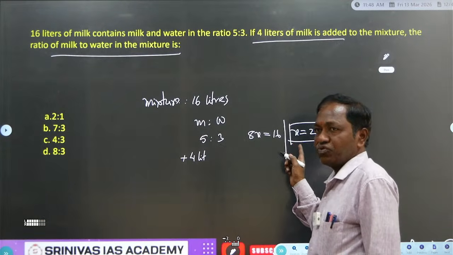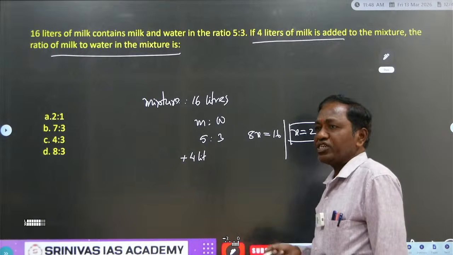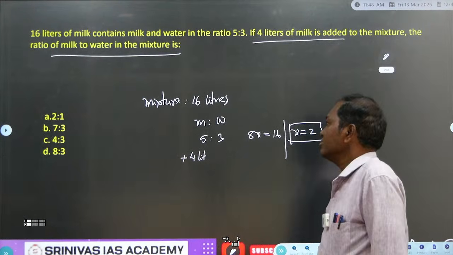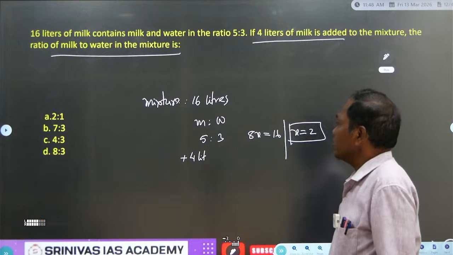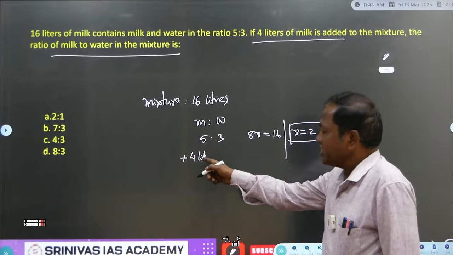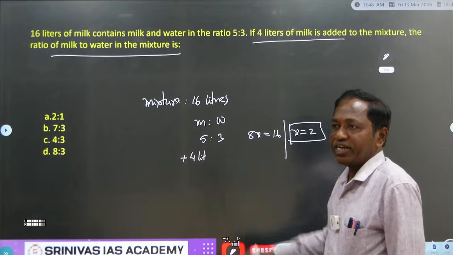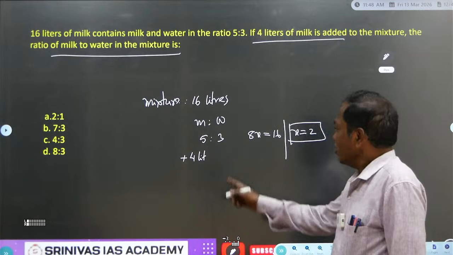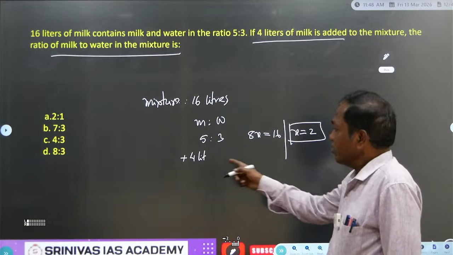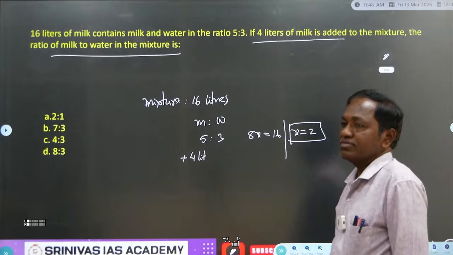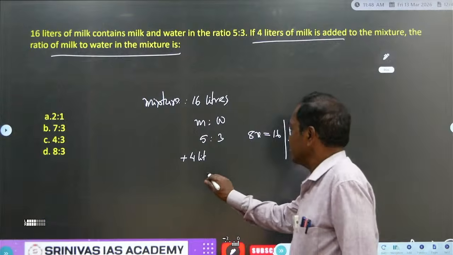One x value is 2. 4 liters is added here. How many ratios are added? The x value is 2, so 4 liters means 2 ratios.